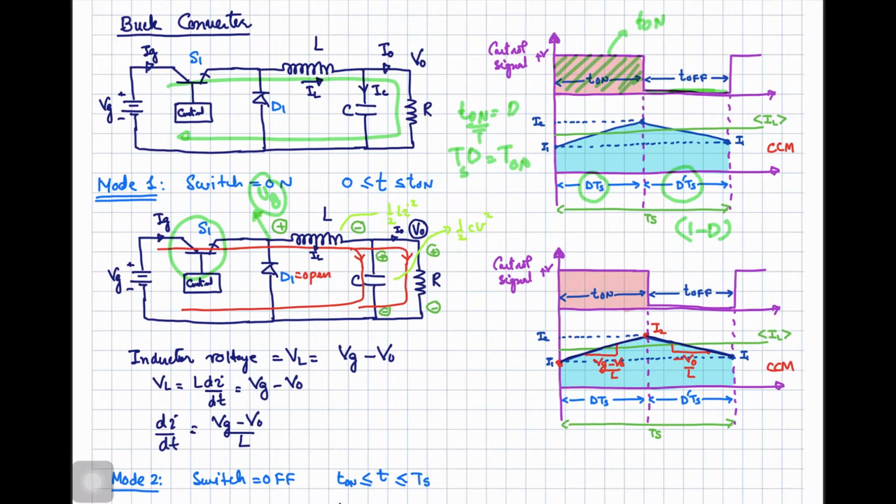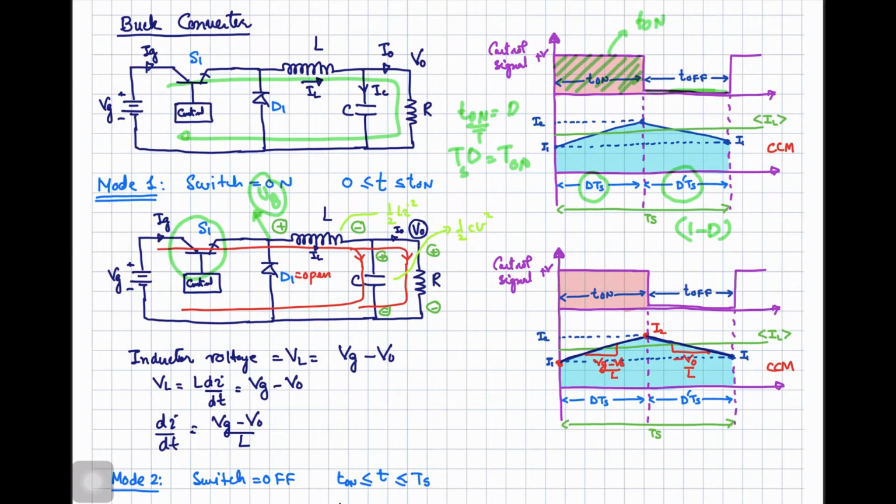And then you know that the inductor voltage is given as L di by dt, so we can say that the inductor voltage, L di by dt, is equal to Vg minus V naught, and from here the rate of change of current is Vg minus V naught by L. So what is di by dt? It is basically representing the slope of the current, right?